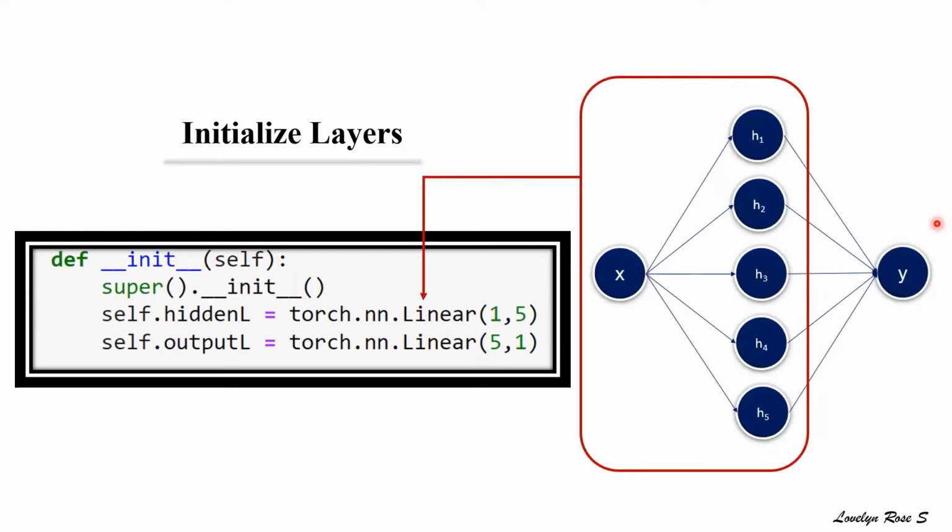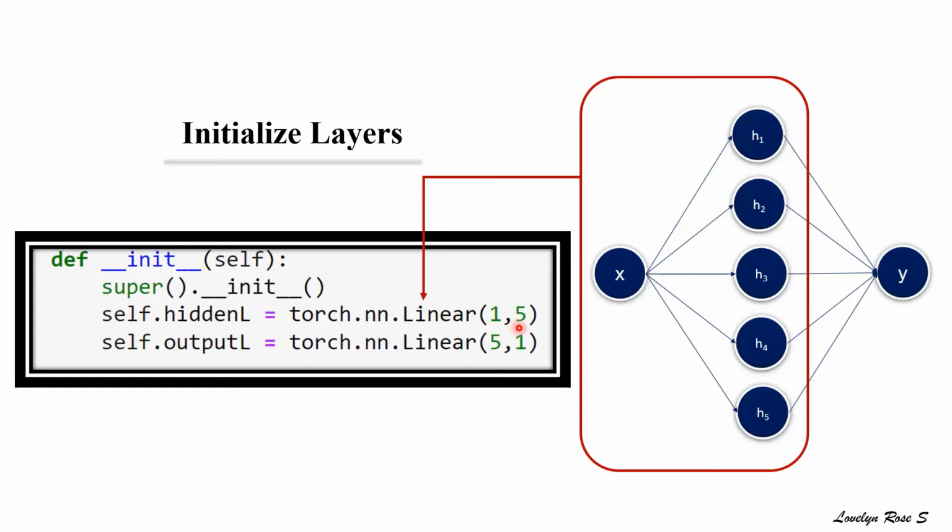Now the first part, which is from X, the input layer, to the hidden layer, is specified by this torch.nn.Linear, wherein I have to specify the number of nodes in the layer.